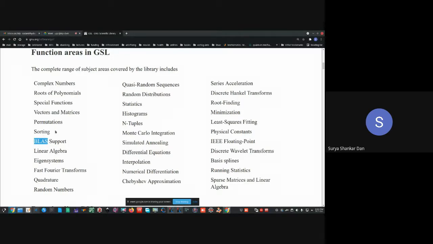Fortran was essentially based on this BLAS. Now this BLAS support was introduced in C programming, because C is much more ubiquitous than Fortran, right? So BLAS support was extended to C.